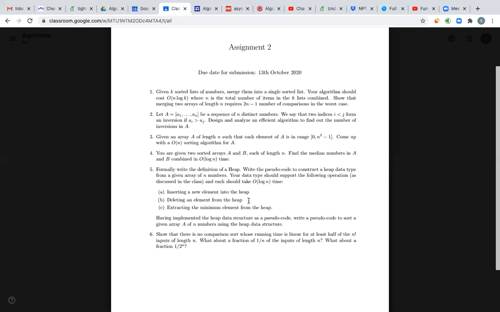Sir, here we are told that we just have to extract the minimum element. This means that we don't have to maintain the heap structure after extracting that element? You have to maintain the heap structure. Normally in a heap, if you have read other books, extract min is the main operation: you extract the min and maintain the heap structure.